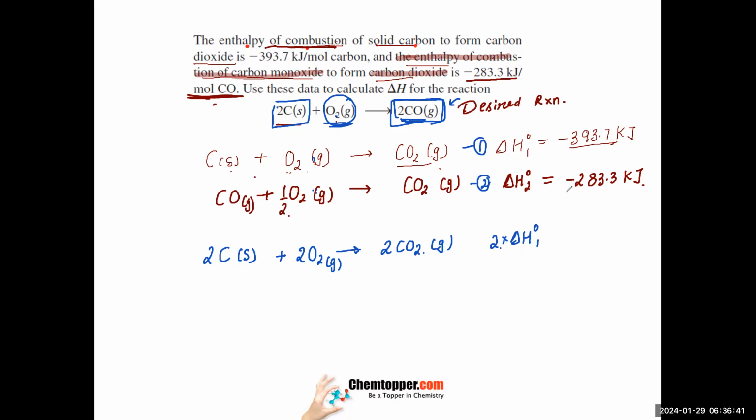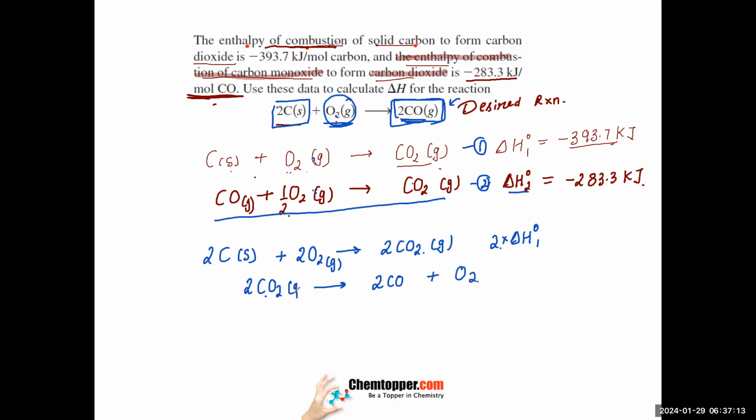So what should I do with the second equation so that I can get 2CO on the product side? Reverse and multiply by 2. Very good, Siri. Let's do it. 2CO2, I'm reversing the equation. CO2 is now the reactant, giving you 2CO plus O2.